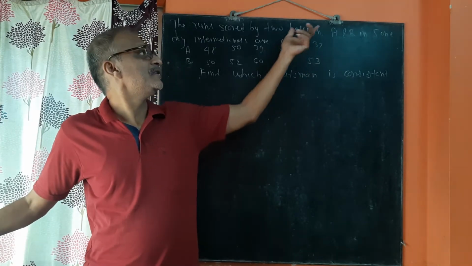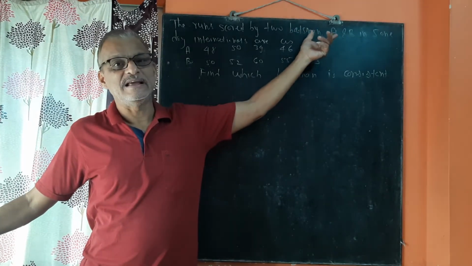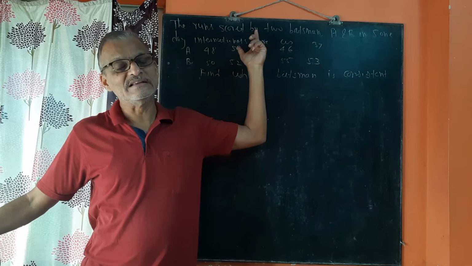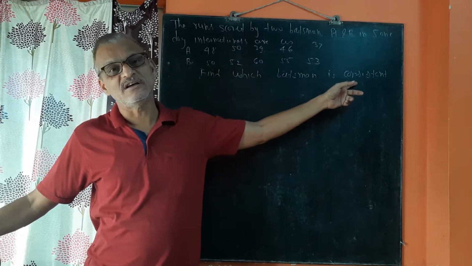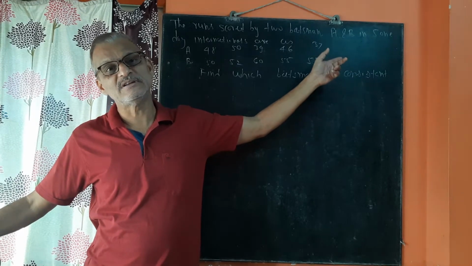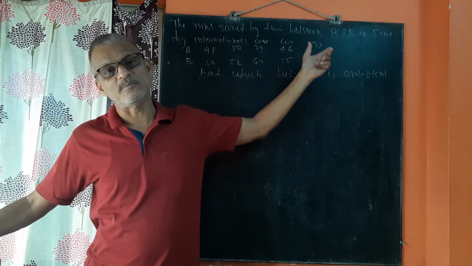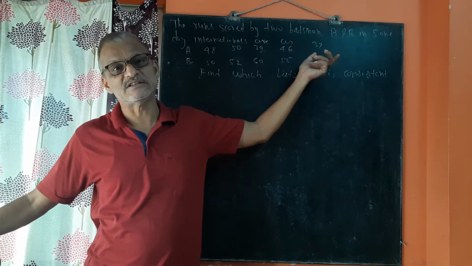So here there are two batsmen and the runs are given. We have to find out the consistency of each batsman, A or B, to see which one is more consistent.